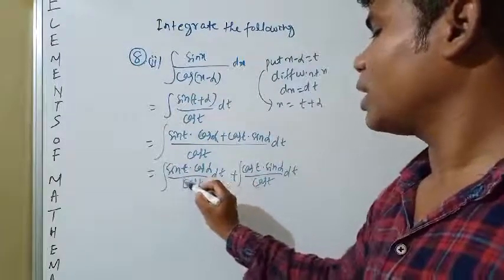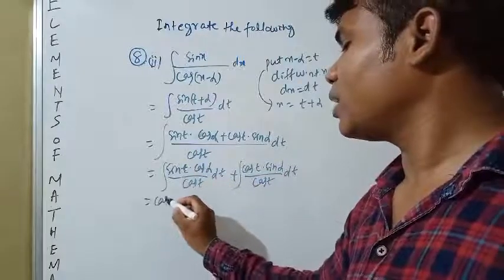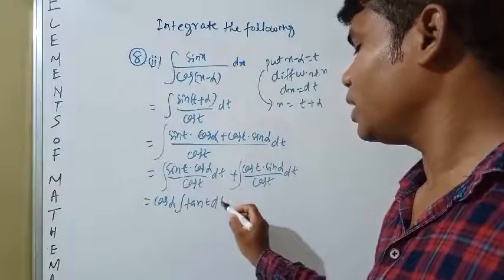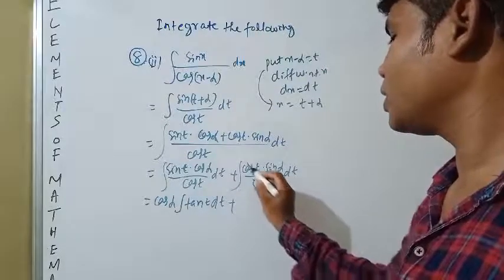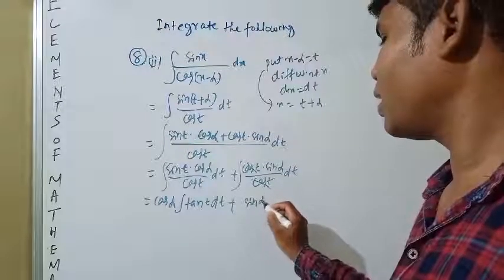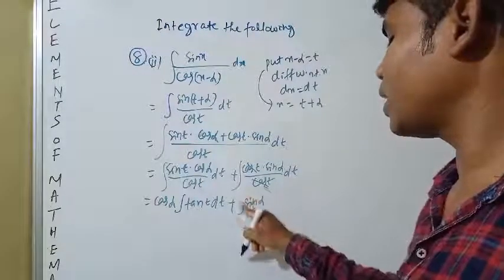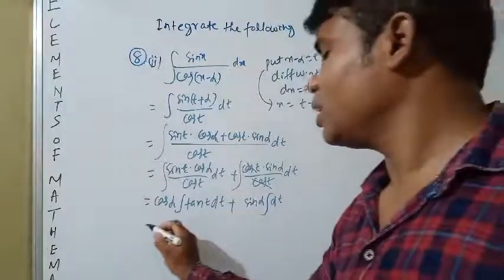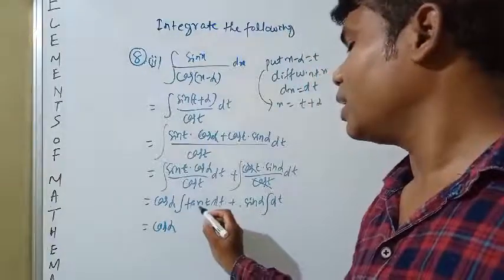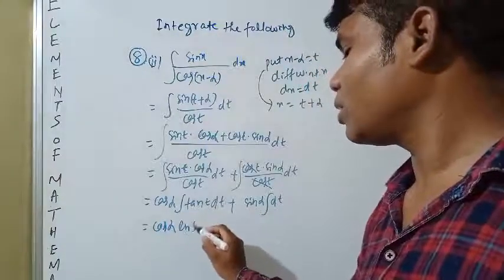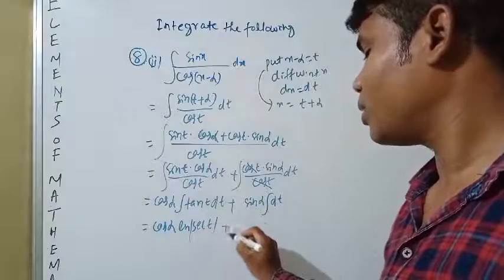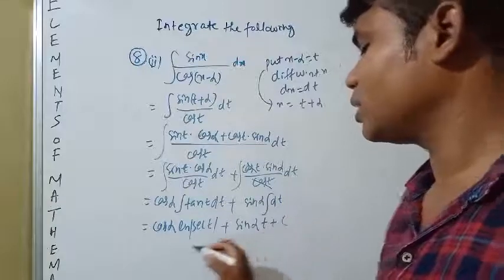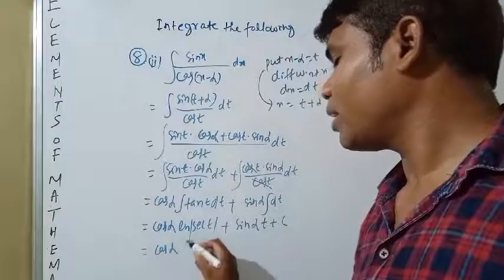Cos alpha is constant, so you write cos alpha times sin t by cos t, that is tan t dt, plus here cos t will cancel out, sin alpha dt. Integration of tan t is ln sec t, plus sin alpha, integration of dt is t plus c, equal to cos alpha ln sec t plus sin alpha t plus c.